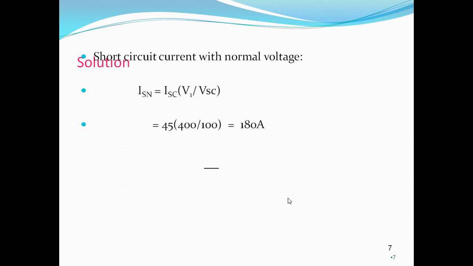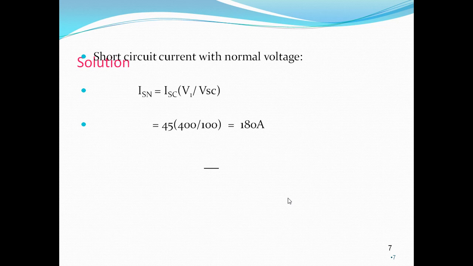Now we have to draw this 180 amps on the graph sheet. How do we draw it? What current scale did we assume? Here we are not going to take any new scale. We will use the same scale as we used for the no load test, that is 1 centimeter is equal to 10 amps.